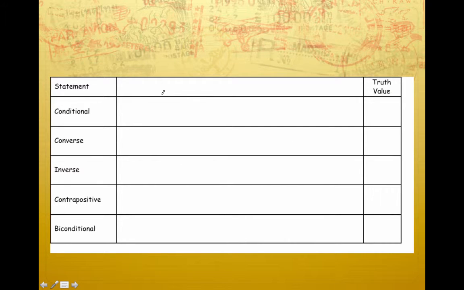If we were doing this together, I'd have you guys come up with the if-then statement. So mine might not be the most interesting, but let's make a statement: if you will be in 11th grade at, we're out of room, PISD Academy High School next year, then you will have me for math.